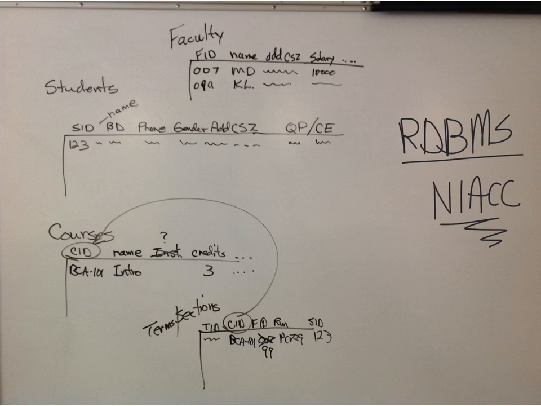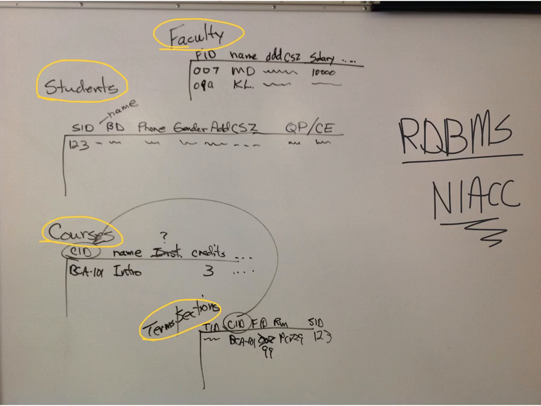First thing I'm going to mark here, okay, we built these entities. So we said students is an entity, faculty is an entity, and courses is an entity, and then the term or section of what's offered currently. And we could have more of these tables.